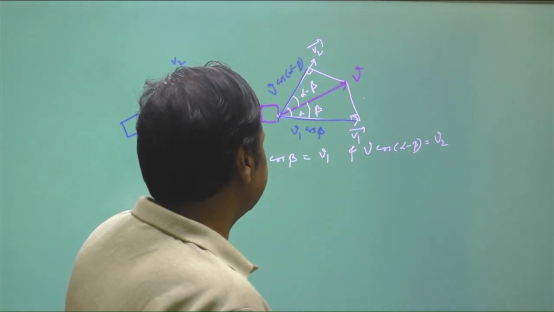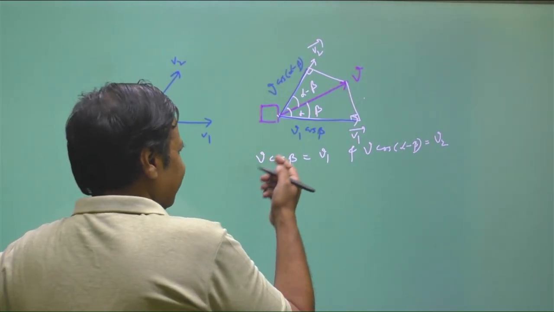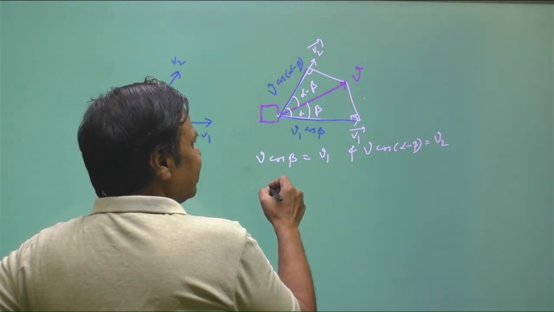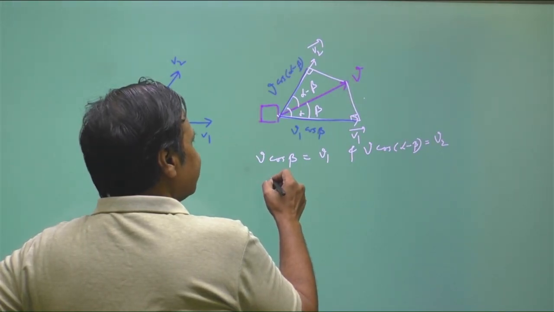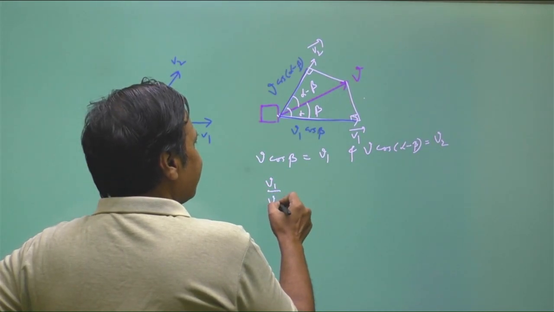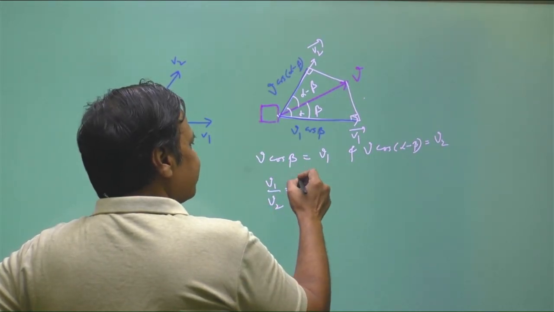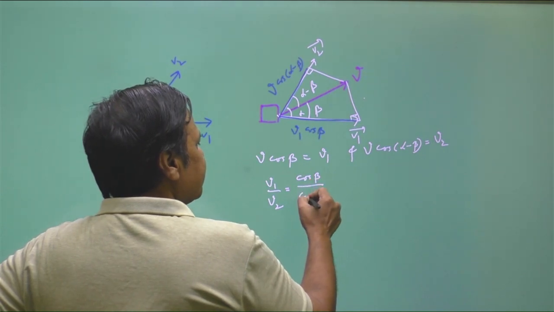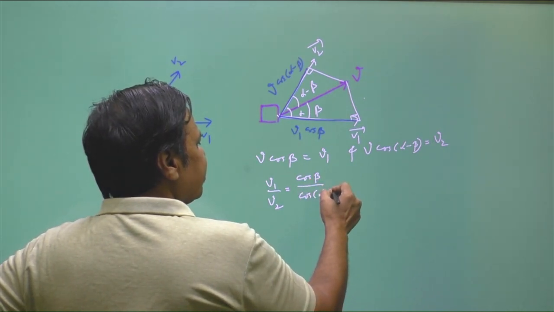So I can do one thing. I would like to find v1 divided by v2, so that v1 becomes v cos beta. You can write it here, cos beta by cos alpha minus beta. It's a simple manipulation.